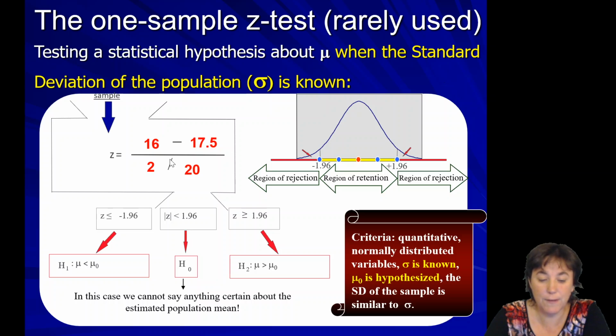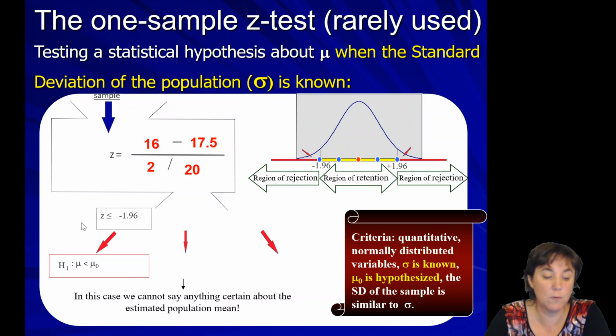Let's see where it fits. Does it fit between minus and plus 1.96? No, it's way out on this end. So, bottom line, we have to reject the null hypothesis, and we're not keeping this end of the bargain, but the other one to the right.